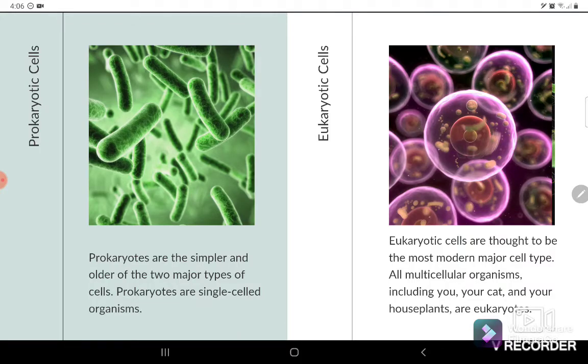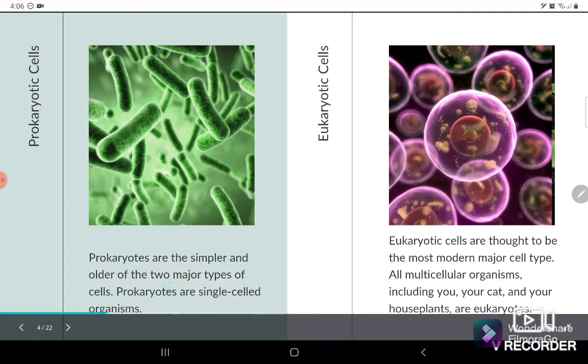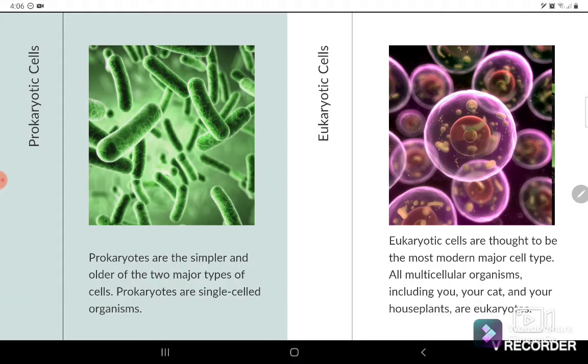Other than that, prokaryotic cells are simpler in terms of their physical structure and organelles, and most of them are unicellular organisms, while eukaryotic cells are a bit more complex and have evolved from prokaryotic cells, with a more complex structure and organelles. Okay, so that is for the differences of prokaryotic cells and eukaryotic cells.